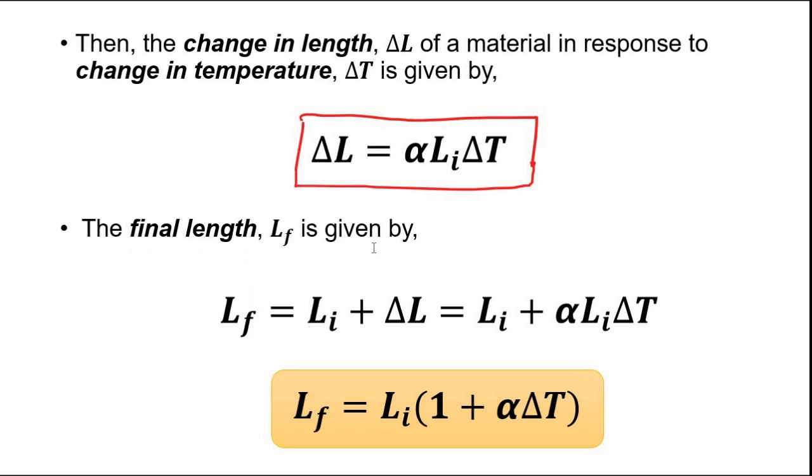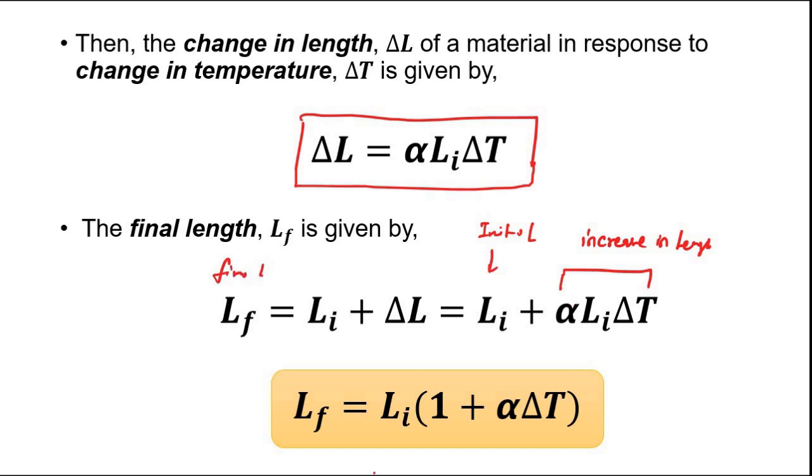So the final length can be given by initial length plus increase in length or change in length, that is equal to Li plus alpha Li delta T. This factor is the increase in length, so we add it to the initial length to get the final length.